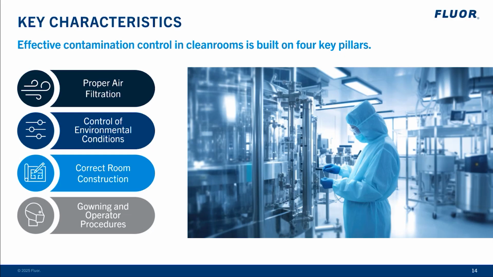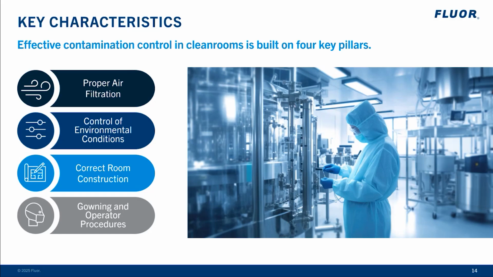High efficiency particulate air, HEPA, filters remove at least 99.97% of particles with a diameter of 0.3 microns, while ultra-low penetration air, ULPA, filters achieve even higher efficiency, 99.995% of particles as small as 0.12 microns. This ensures that the air inside the cleanrooms is virtually free of contaminants.